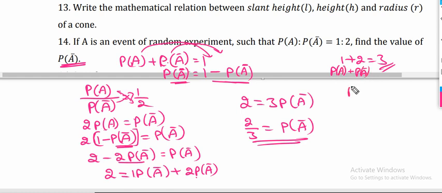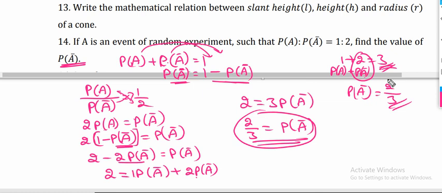For finding P of A naught, the total ratio is 3, and for P of A naught the value is 2. You write 2 by 3, the same answer. This is for MCQ only, not for a 1 mark answer. For the easy answer you use this, but for a 1 mark answer you have to write these steps only. Therefore this is the value of P of A naught.